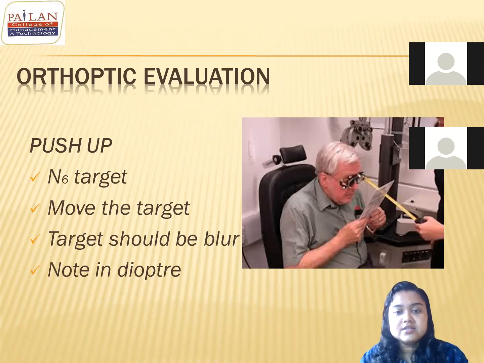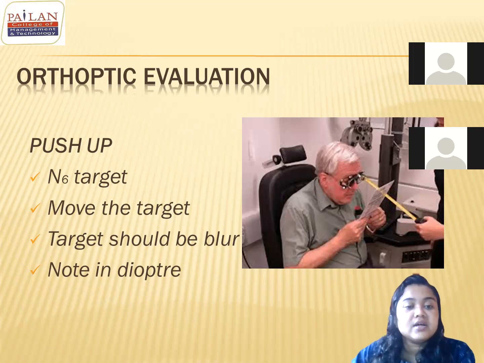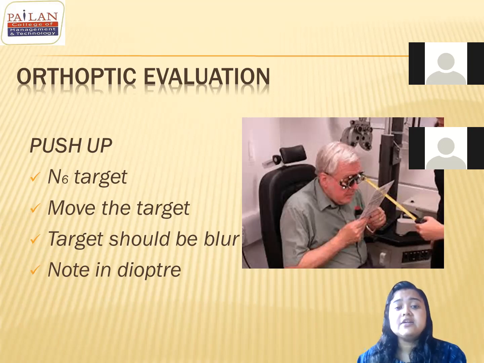In this position, the patient has blurred vision. This is the examiner, who is measuring with a measuring tape the distance from the canthus to the book. This gives the NPA in centimeters, which you can convert to diopters. For this kind of patient, always measure the amplitude of accommodation.